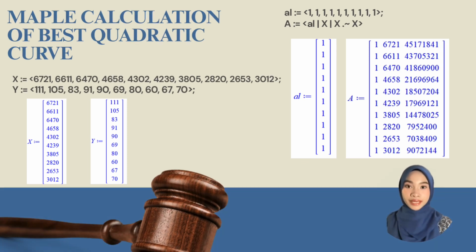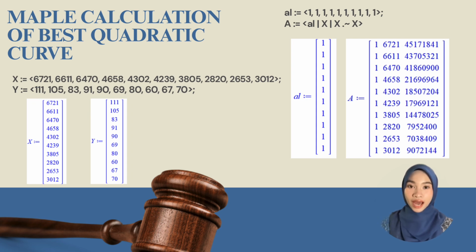I will explain the Maple calculation of the best quadratic curve. Firstly, to make Maple understand our needs, we have to restart with linear algebra and with plots. Next, we have to define our variables x and y.